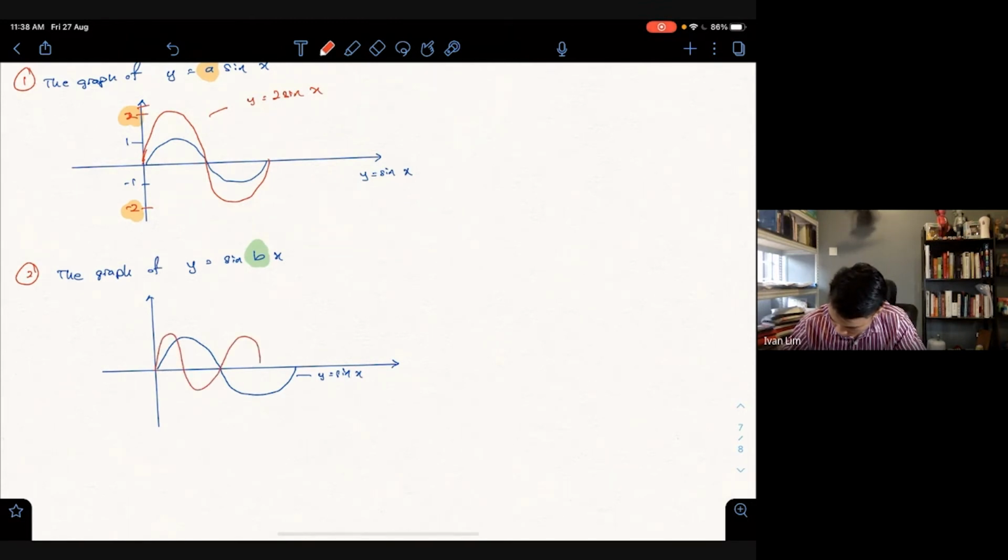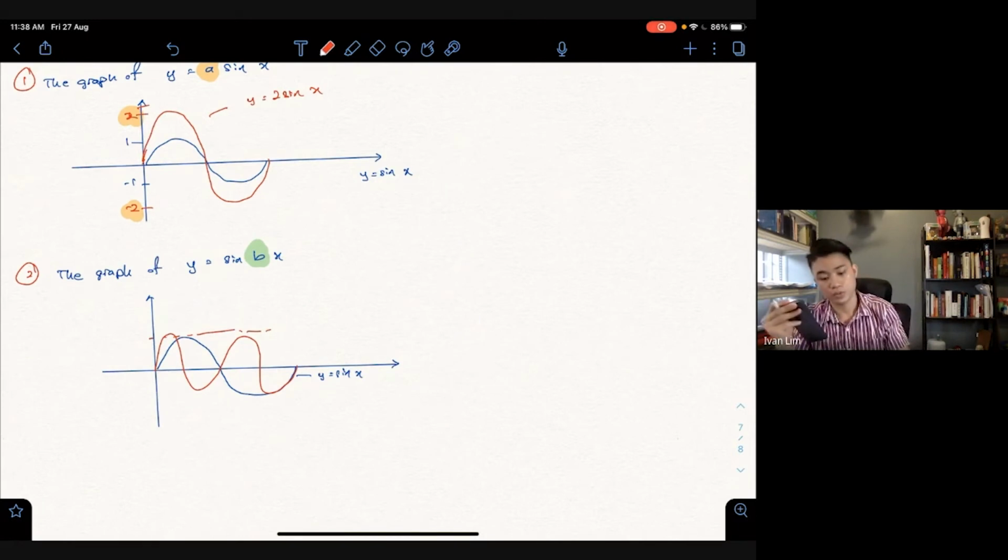By right, the amplitude all should be the same. So what will happen here? The value inside, if I put it inside, 2x means I will have 2 cycles in 360 degrees to complete one whole cycle.